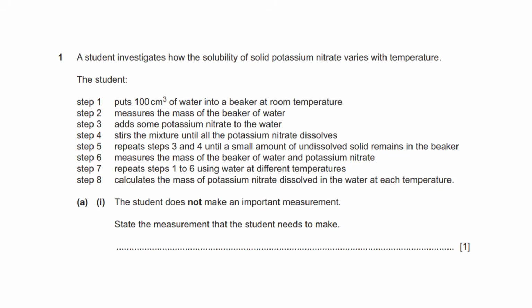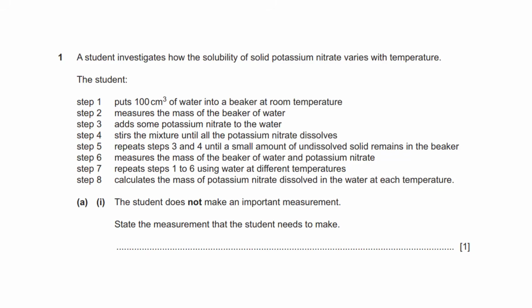Step 5, repeats steps 3 and 4 until a small amount of undissolved solid remains in the beaker. Step 6, measures the mass of the beaker of water and potassium nitrate. Step 7, repeats from step 1 to 6 using water at different temperatures. Step 8, calculate the mass of potassium nitrate dissolved in water at each temperature.